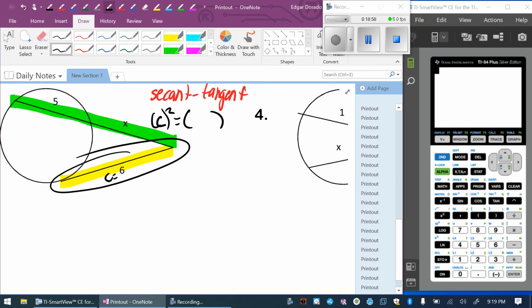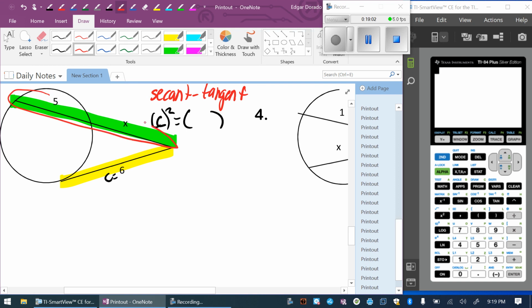Now, we also have a full secant right here. That full secant is x plus 5 times the external portion of that secant, which is this part right here. Oops, that looks bad. But yes, that part there in black, which actually was an x. So times x. But we don't have a c here. Let me go ahead and put a 6 there.